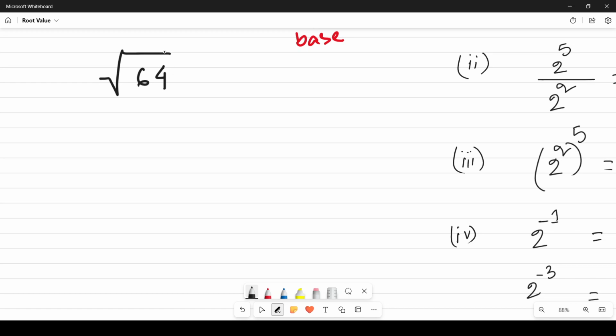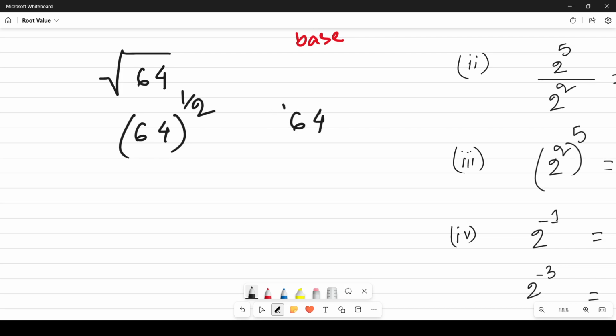Now we know square root is a fractional power. So 64 is the base here and we have a power of half. Now if we can rearrange this 64 and represent it as a multiplication of several same base values, then we can cross off its power, right? So what do I mean by that? Let's do this, then you'll understand.